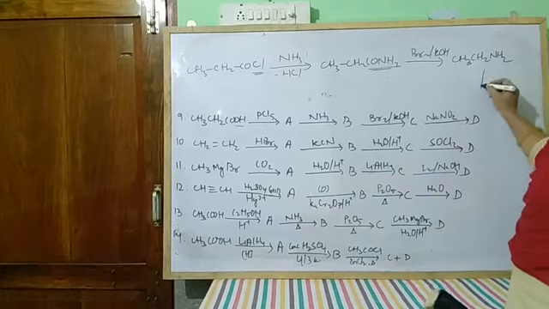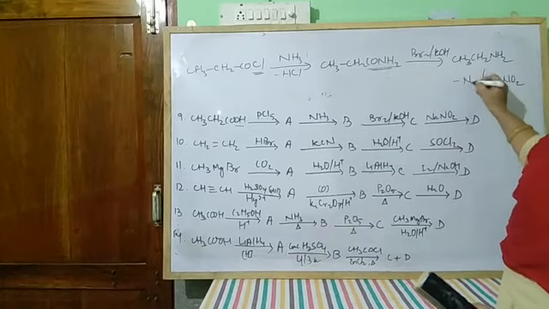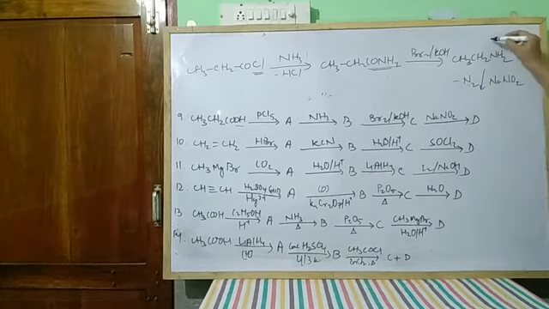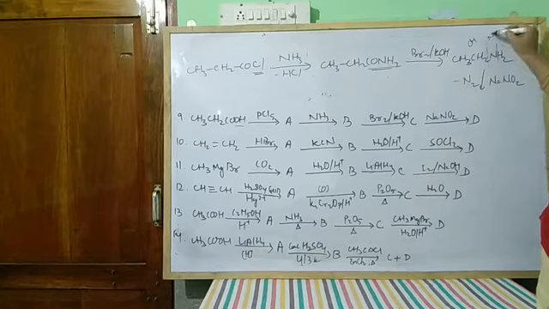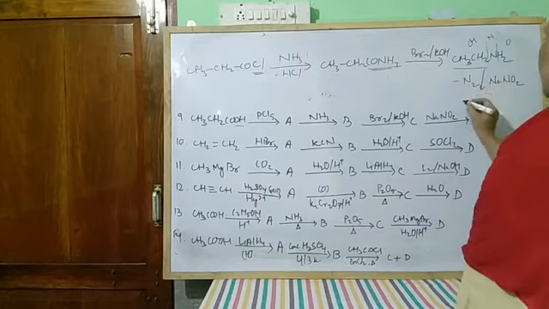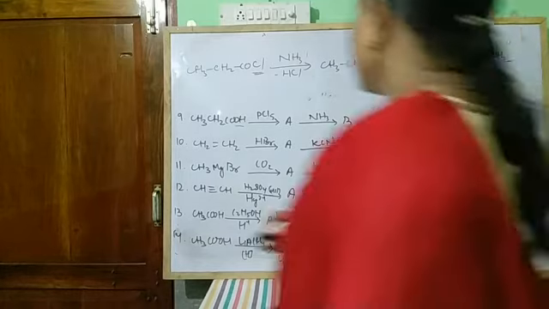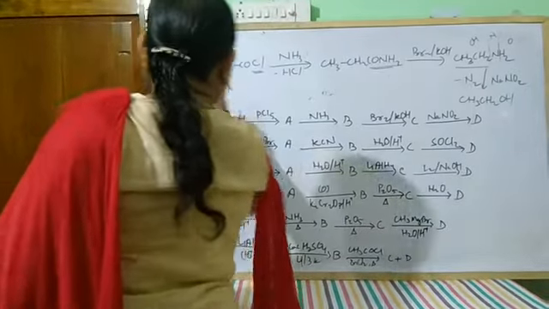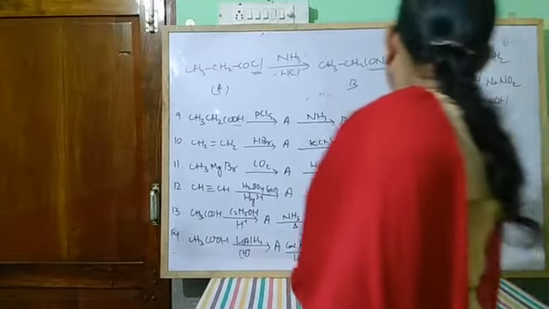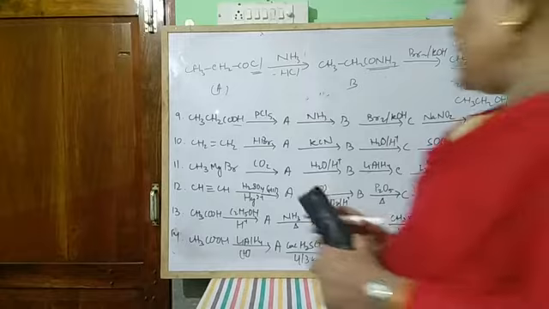And this NH2, when treated with nitrous acid, minus nitrogen, forms your main product, alcohol. So A is propanoyl chloride, B is propanamide, C is ethanamine, and D is ethyl alcohol.